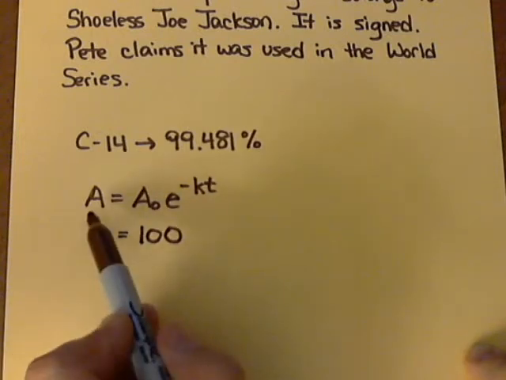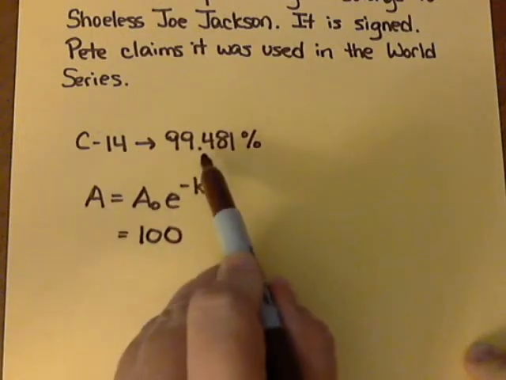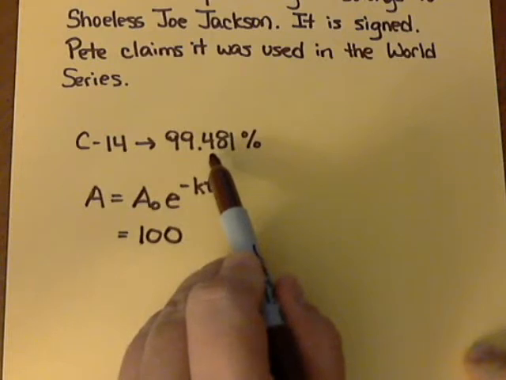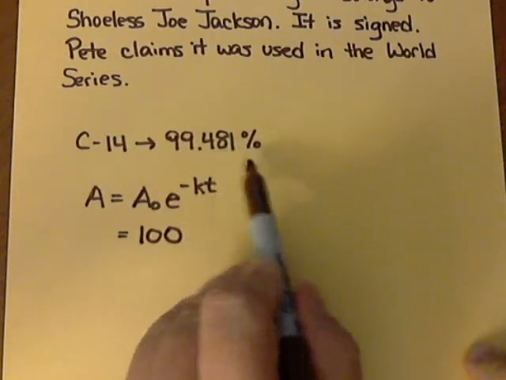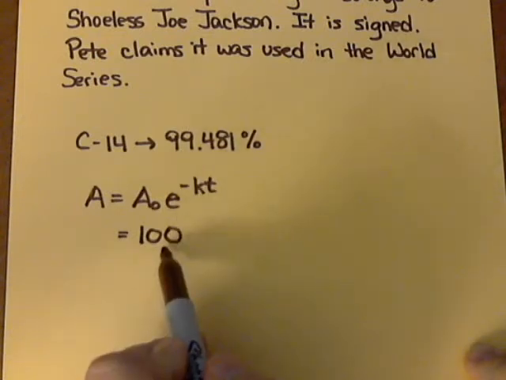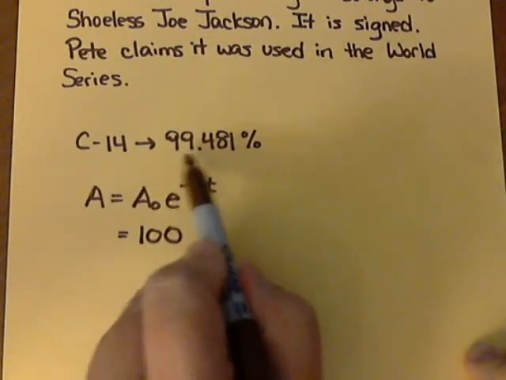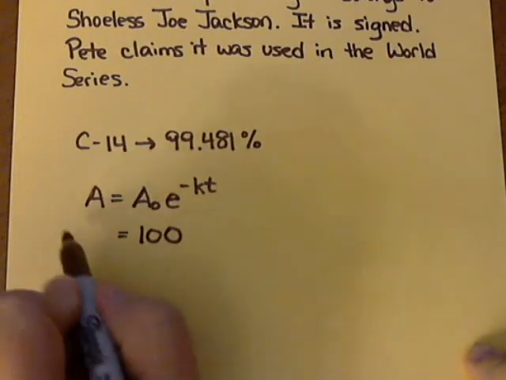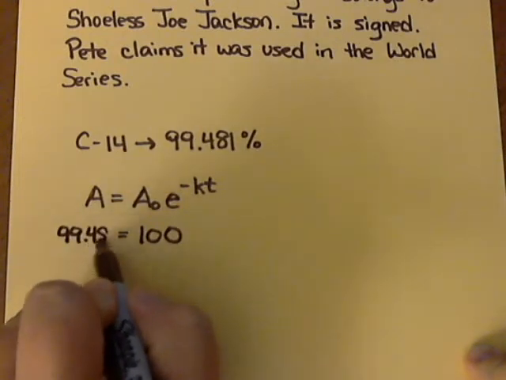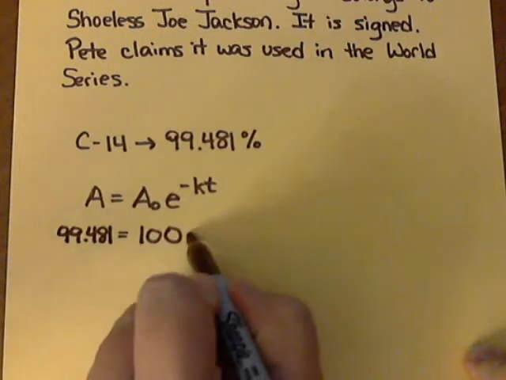And we want to find out how long it would have been decaying, or when the tree the bat came from would have been cut down in order to make this bat. So if we start out with 100 units, 99.481% of 100 is just 99.481. So we put that in there.